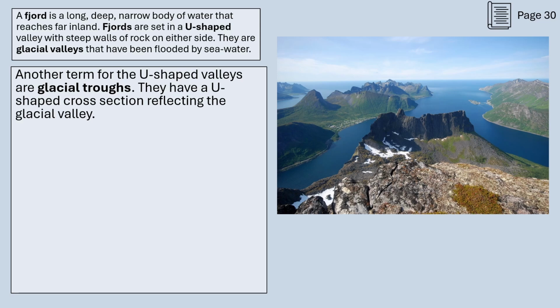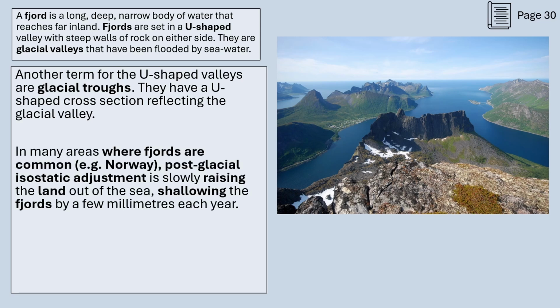Similar to rias, isostatic adjustment also occurs in these types of coastlines. However, there is a distinct contrast in the type of isostatic adjustment occurring. If there were originally glaciers here, which were responsible for making the U-shaped valleys, then the weight of the glaciers would have caused the crust to sink into the mantle. Now that the glaciers have melted, we have isostatic rebound, causing the land to rise again.